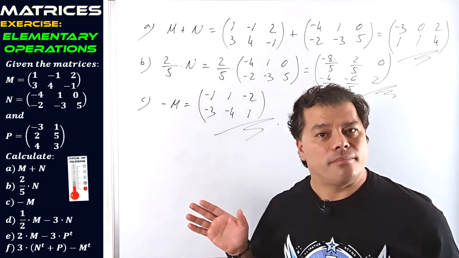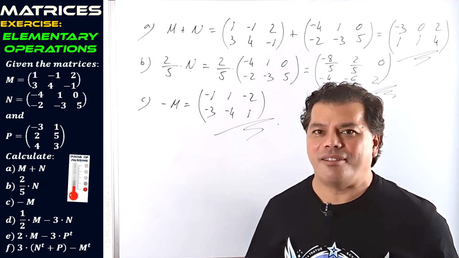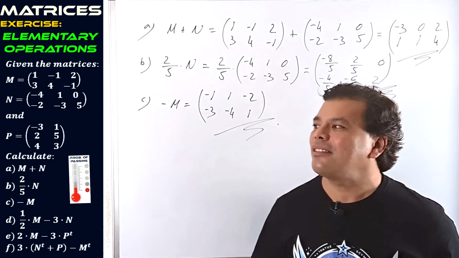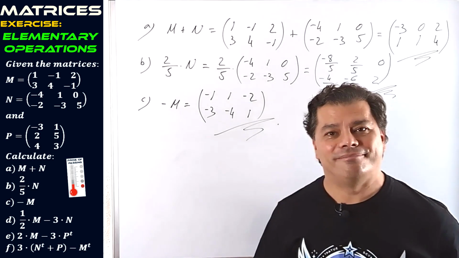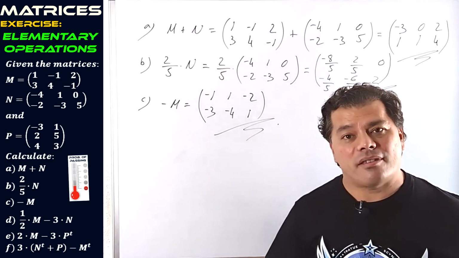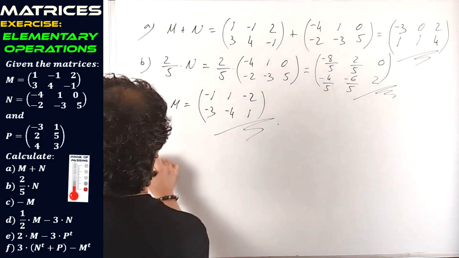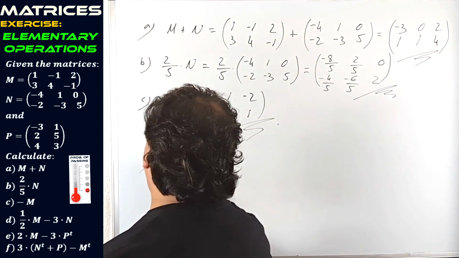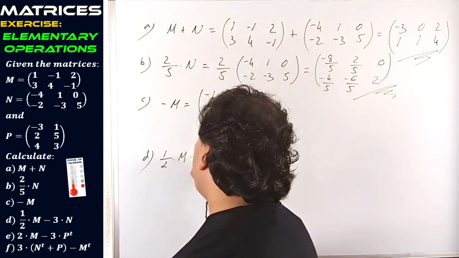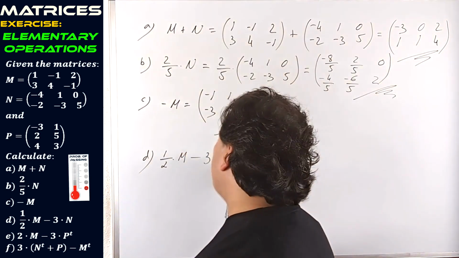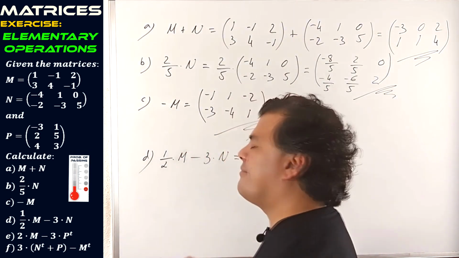The fourth section may seem complicated, but it is not at all, because every piece of knowledge that you need to solve it, you already have. Let's go. We are asked to calculate 1/2 times matrix m minus 3 times matrix n.